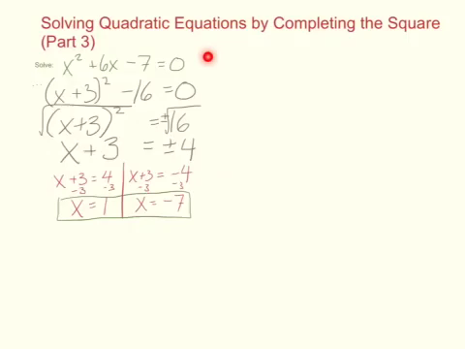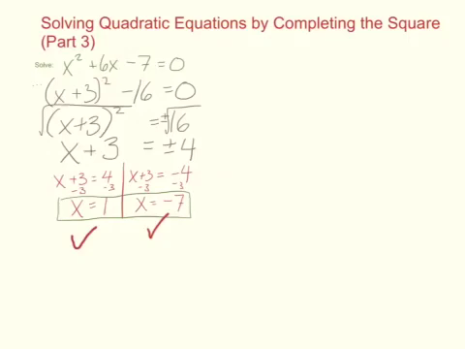If we substitute x equals 1, we'd have 1 squared plus 6 times 1, so that's 1 plus 6 is 7, minus 7, and that really is 0. So this one is right. If we substitute x equals negative 7, our x squared is 49, and 6x is negative 42. So x squared plus 6x is 7, minus 7 is 0. So that's right as well.